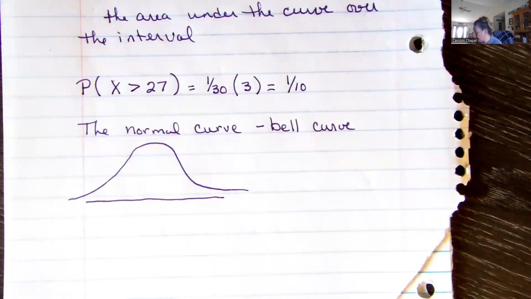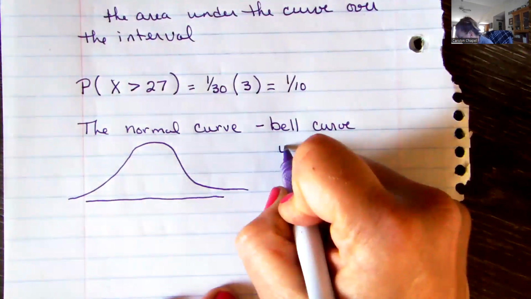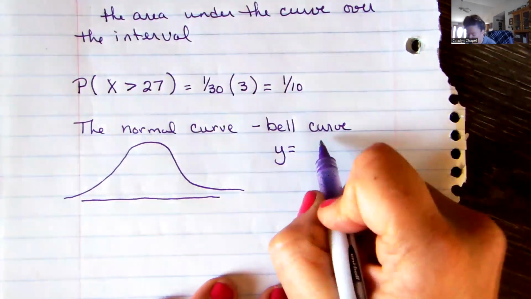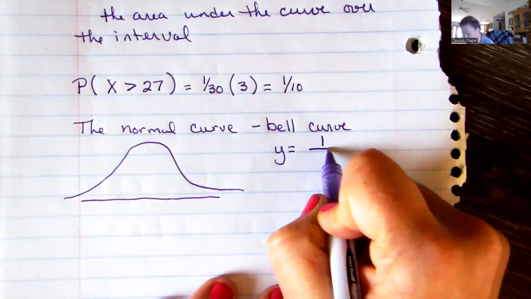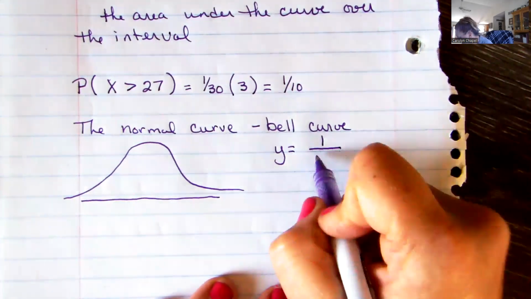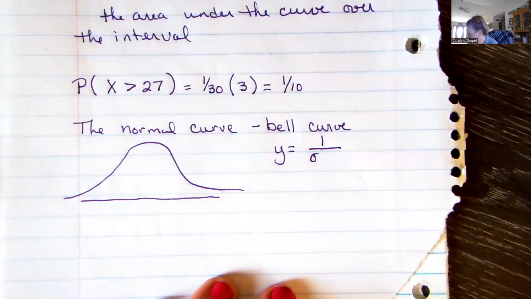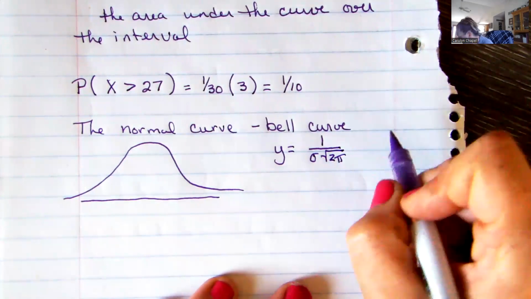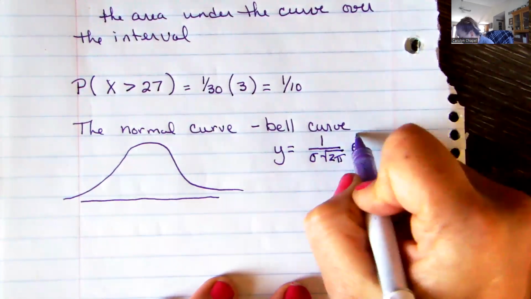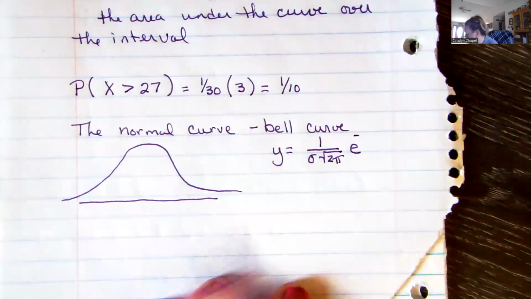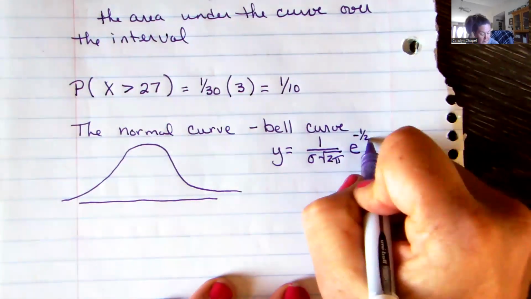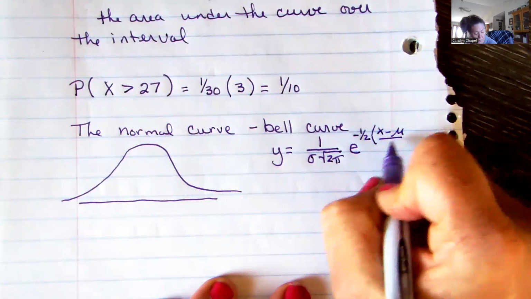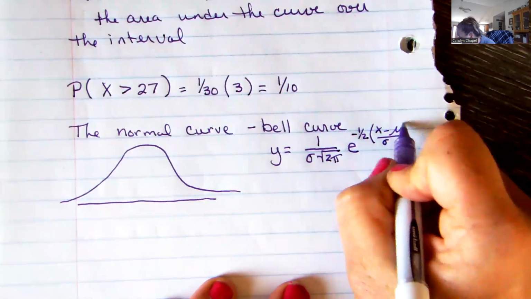I could give you the formula for this, so I will, if you want to know the equation of this curve. It's ugly, so just bear with me. We get this ugly fraction: 1 over the standard deviation, sigma, times the square root of 2 pi. And then we have e, with a really ugly exponent in there: negative 1/2, and then inside here, x minus our mean, all over our standard deviation, and all of that is squared.